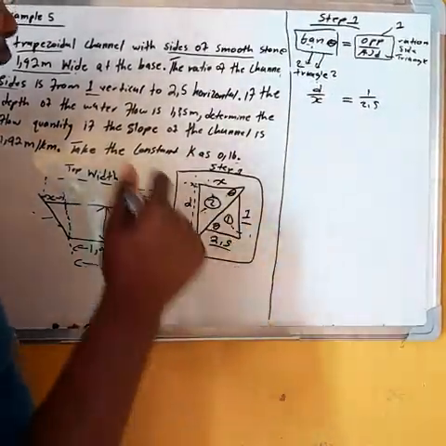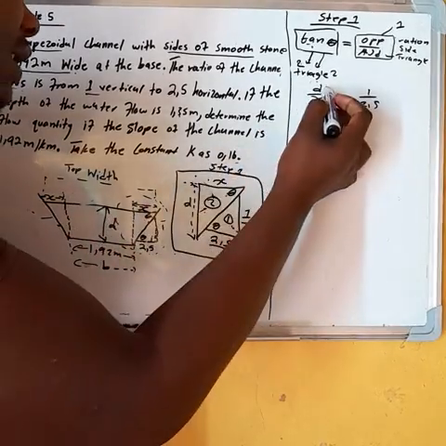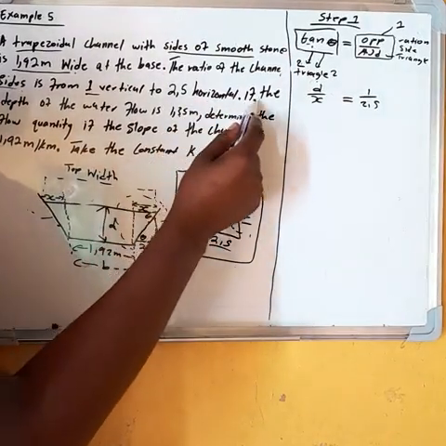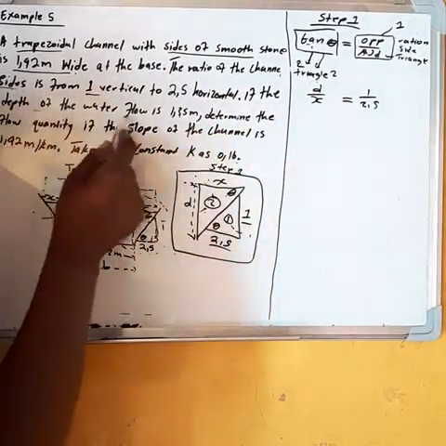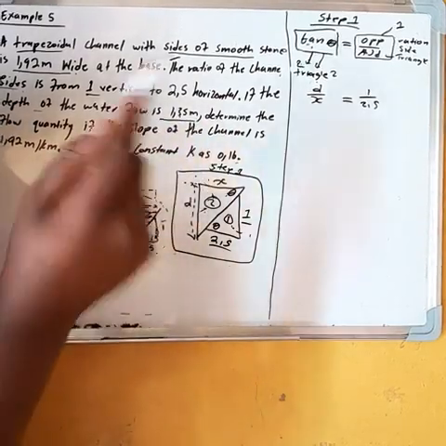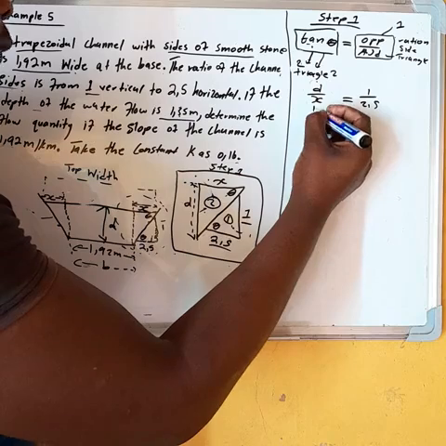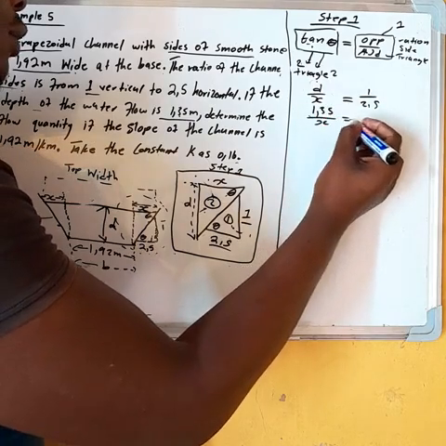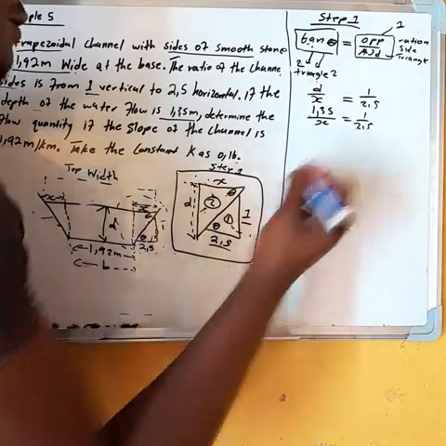Then you come, D, it's a depth. Do we have a depth in your question? You write the statement, if the depth of the water flows is, they give you the depth, you replace that. It's 1.35 over x is equal to 1 over 2.5, right?